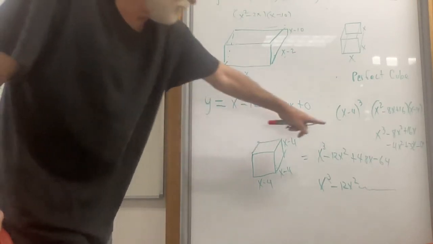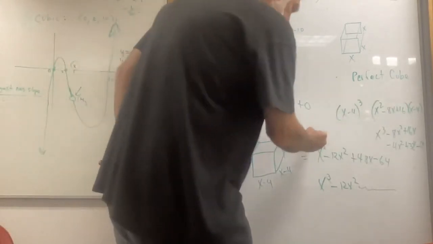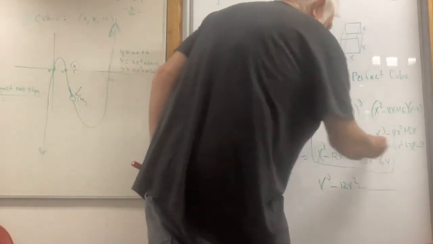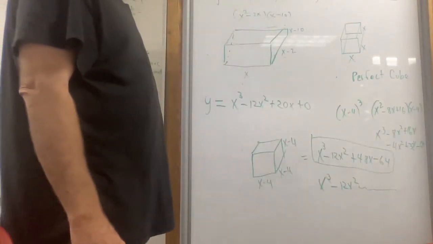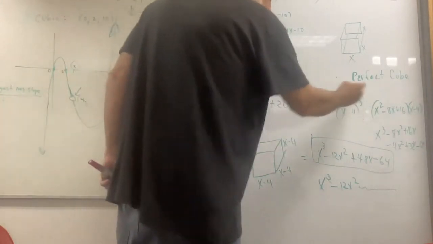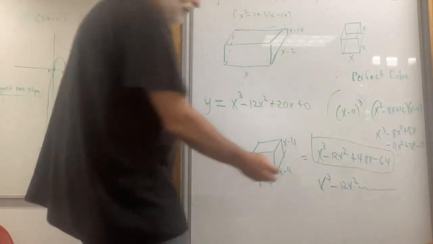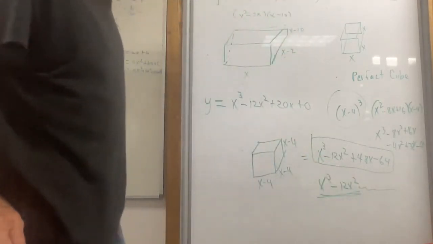And I did it on the side over here. I multiplied it out and I got that cubic. X cubed minus 12x squared. And if all I did was multiply x minus 4 cubed, right, which I did all of it, we get those first two terms.